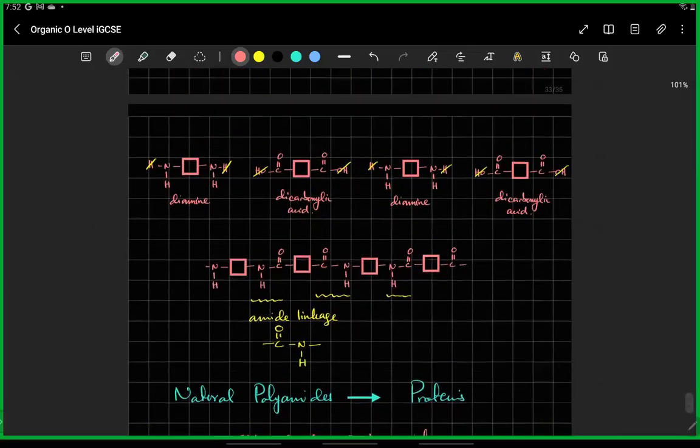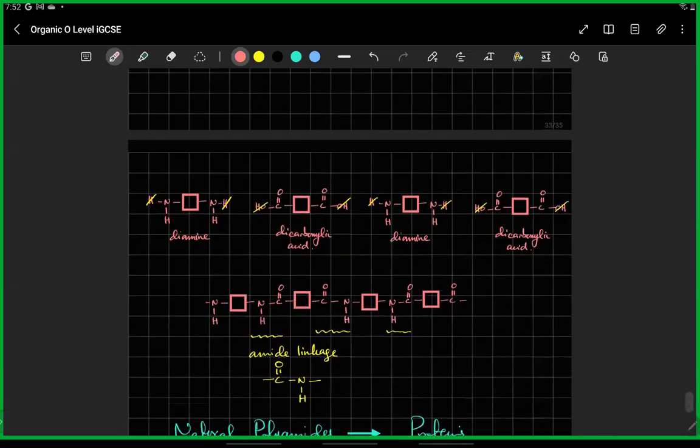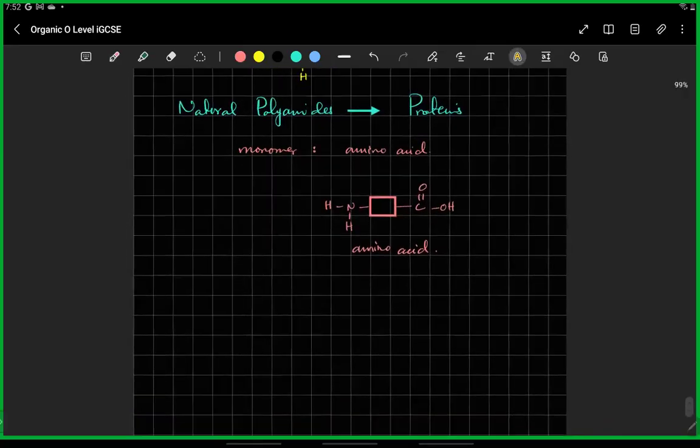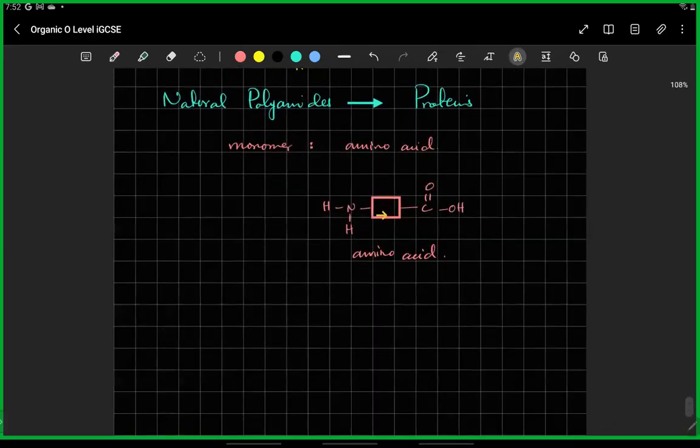So remember पहला difference ये है कि the monomer is different. Either there was a molecule that had amines, there was a molecule that had carboxylic acids. इधर वो दोनों एक ही चीज में है, ठीक है. तो a human being is made out of kind of like I think 19 to 21 different amino acids. वो हर केस में ना बॉक्स डिफरेंट होता है. बीच में जो स्टफ होता है ना, that is slightly different.